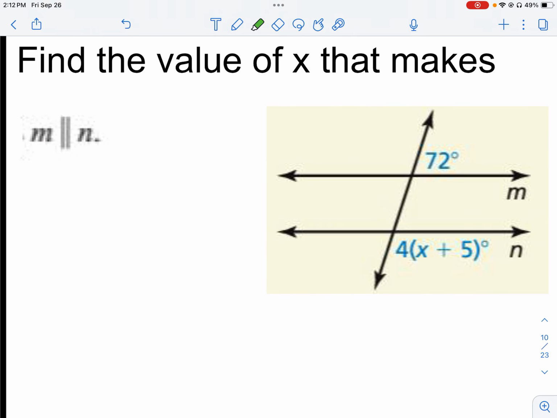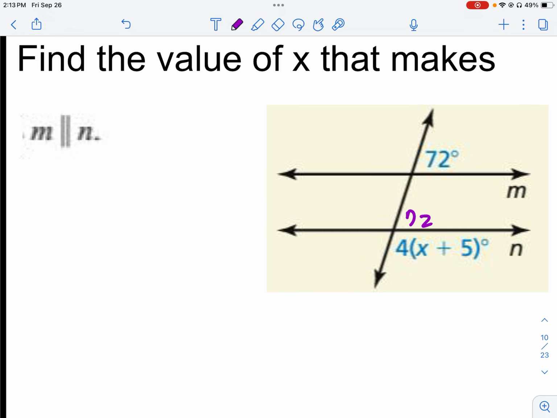Let's look at another one. Now this one doesn't set up quite so neatly. We have to think about what we're dealing with. So what value of x makes line M parallel to line N? Well, corresponding angles would make this 72. Alternate exterior angles would make this 72.